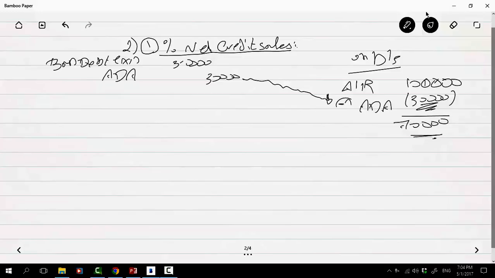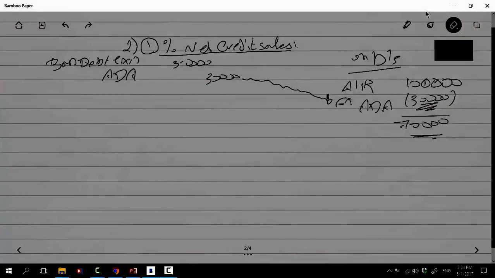This estimation will be, number one, from percentage of net credit sales. Suppose that we have a company, X company, with accounts receivable of $100,000 at December 31st, 2017, at the year end, and ADA balance 0.